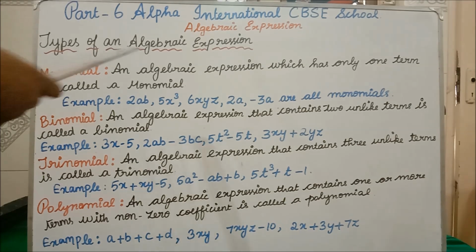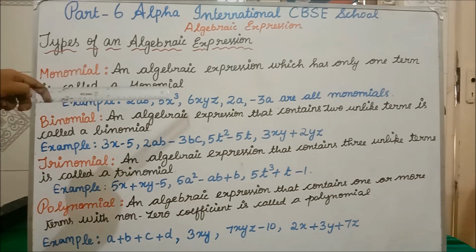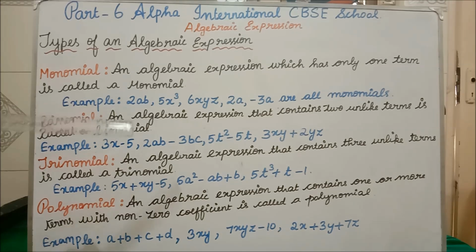Okay, first we will see about monomial. An algebraic expression which has only one term is called a monomial. Example, you see here 2ab, that is having only one term. Similarly, 5x cube is also having only one term. 6xyz is also having only one term. 2a, minus 3a, everything is having what?